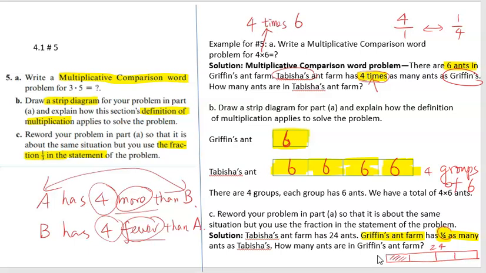So that's how many Griffin has, which can be solved by doing 24 divided by 4, because there are 4 groups in here. That's the division problem, which we will talk about in chapter 5. So you don't have to worry about how to solve it right now. You just need to give a different version of the problem.